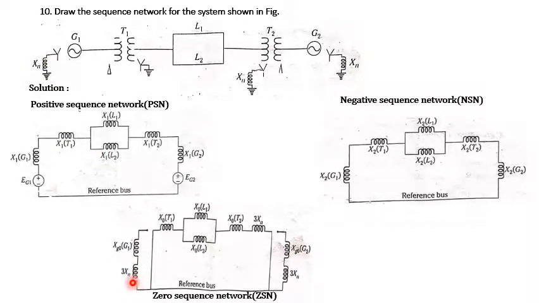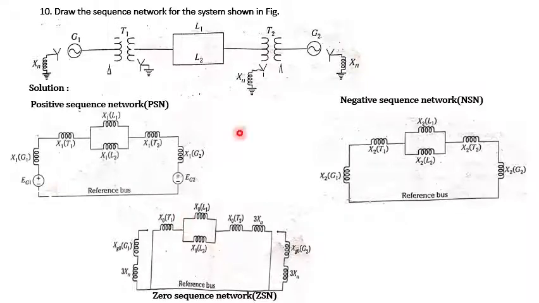Here the switch means the current is flowing into the reference. Then for the transformer T1 the primary is delta, so we need to close this shunt switch, and the secondary side of the transformer is star grounded, so we need to close this series switch.